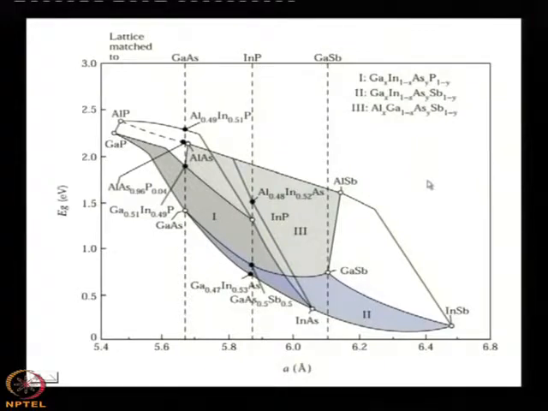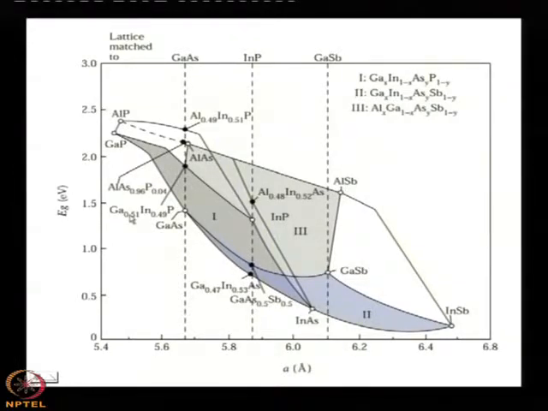Let us take another example of aluminum gallium arsenide. Here the gallium phosphide, this point, and indium antimony. For these two, no substrate is available. Which one? Gallium phosphide substrate is available, but it's not matching with gallium arsenide.